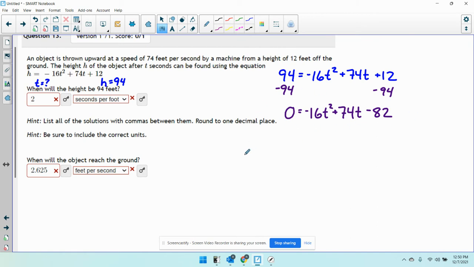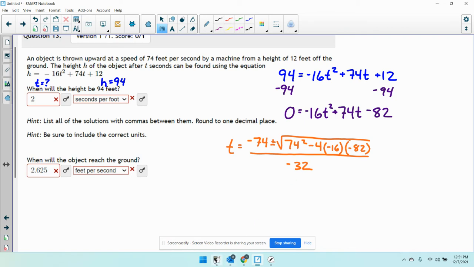If I have this quadratic equal to 0, then t equals negative b, which is negative 74, plus or minus the square root of 74 squared minus 4 times a times c, all over 2 times a, which is negative 16 times 2, or negative 32.